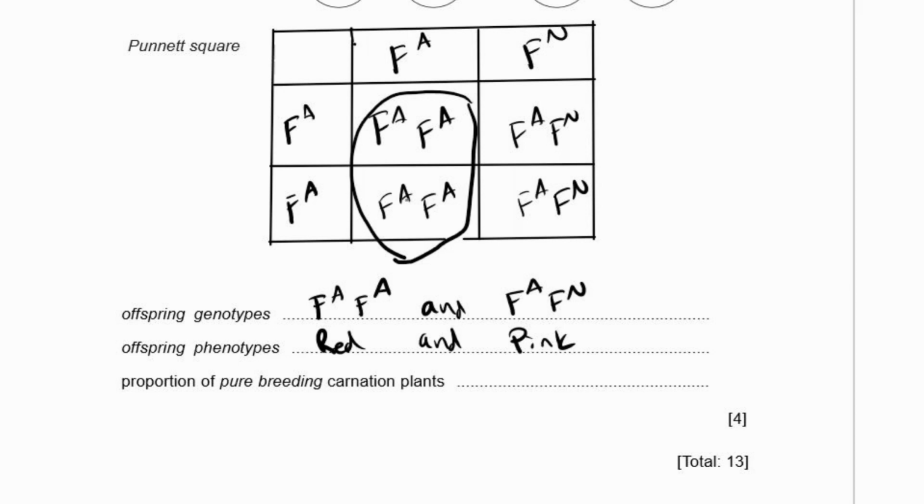The pure breeding are the homozygous. Okay, so proportion, we can say it's 50%, or we can say it's 1 to 1, or we can say it's 0.5, or we can say it's half. They're all different ways of saying proportion, and they're all correct. Just write one. Okay, so pure breeding means that they're homozygous.